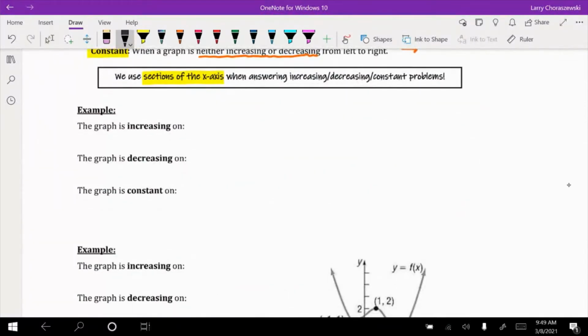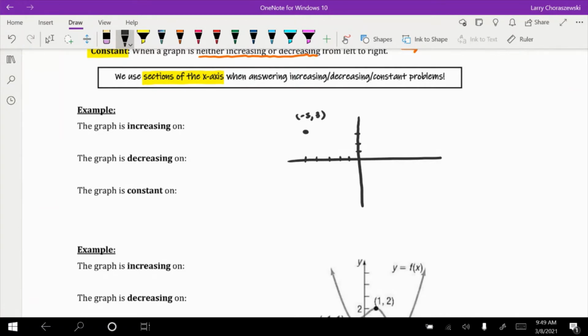So if you wouldn't mind following along with me, let's draw a coordinate plane. And we're going to plot a few points together. The first point that I'd like to plot is (-5, 3). Okay, so if you could plot that, that'd be great.